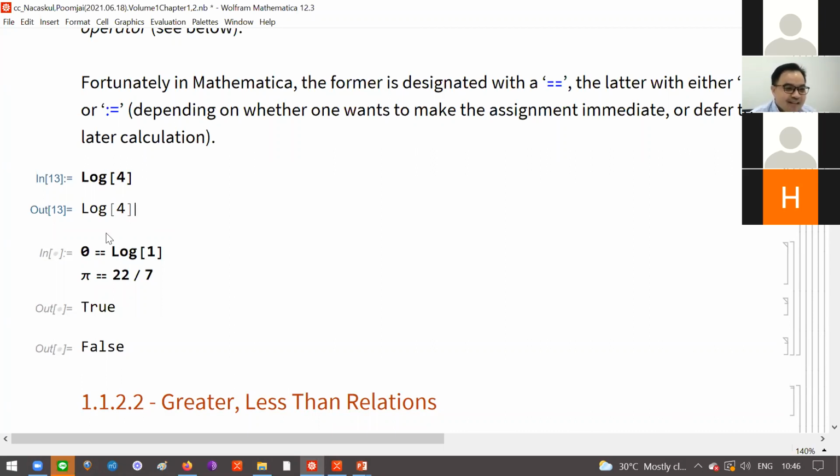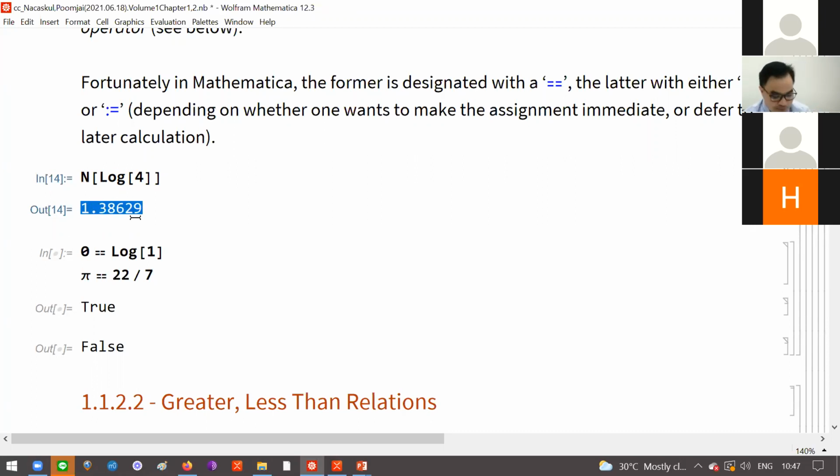Okay, so in this case, to get a real value from it, you need to specify. I don't want this. I want a real number, and that's reserved for the big N. N of this. Now it gives you this. Notice it gives you 1.38.